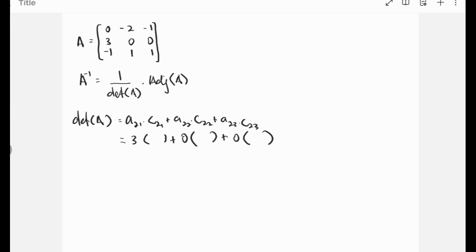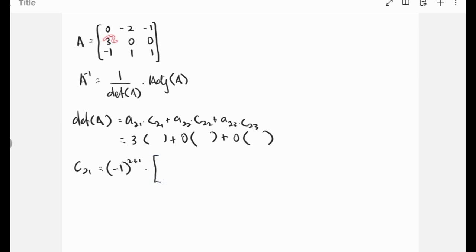Right, so let's focus on calculating C21. C21 is equal to -1 to the power of i plus j, which is 2 plus 1, times its minor. What is the minor of C21? Let's look at it.